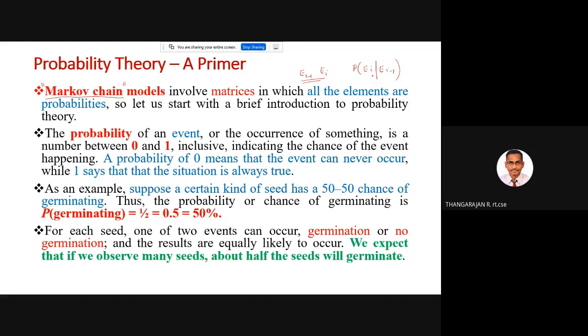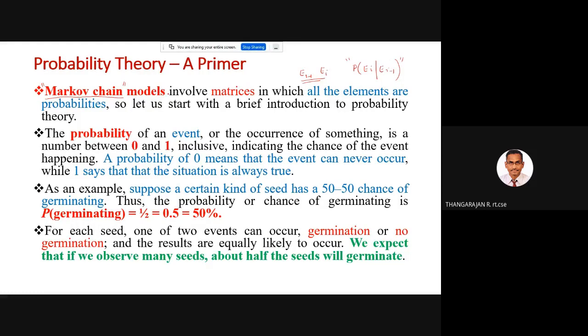As I increments, the event at I depends upon the previous event. That is what is called a Markov process. This Markov process is very much applicable in many applications, and a lot of applications are there where we apply this Markov process.